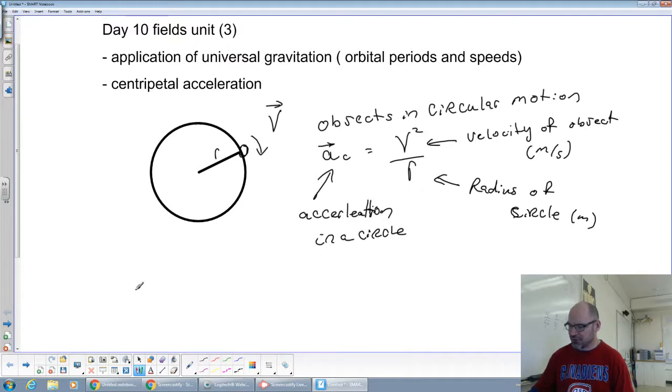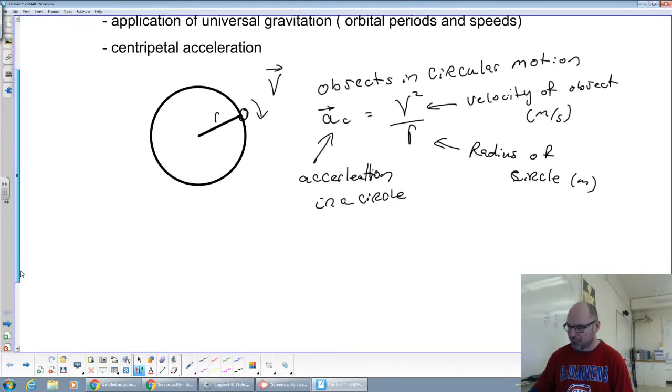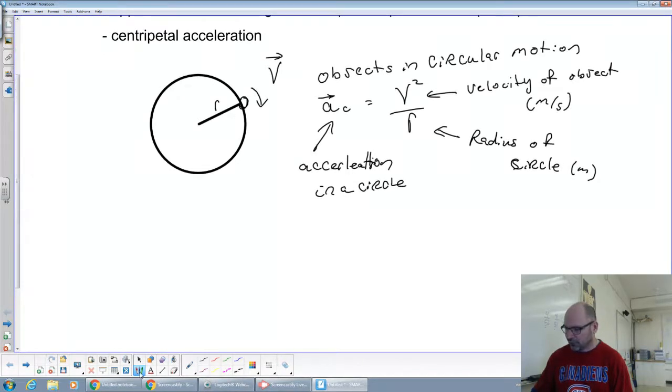So let's do a quick sample of centripetal acceleration, just to show you how it works.